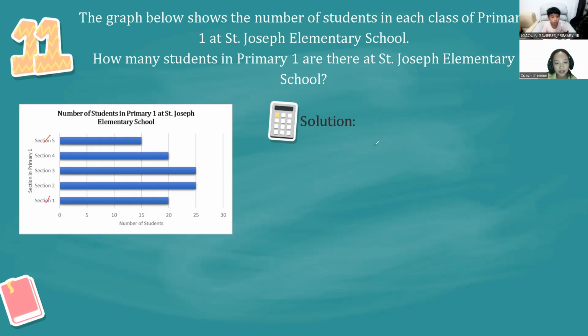In section 1, we have what? Just type in your answer. 20 plus, in section 2, 25. Then on section 3, we have 25 also. In section 4, we have 20.